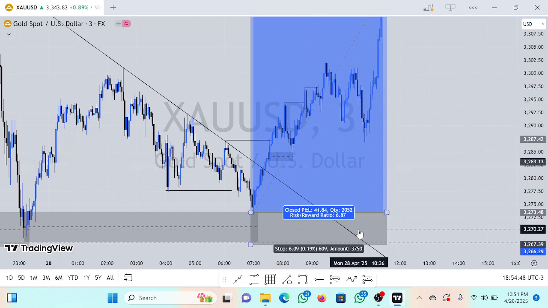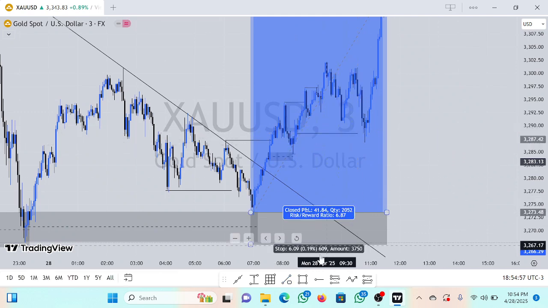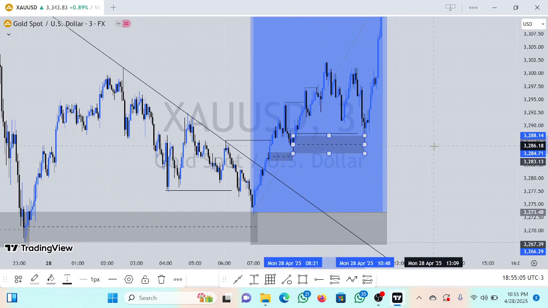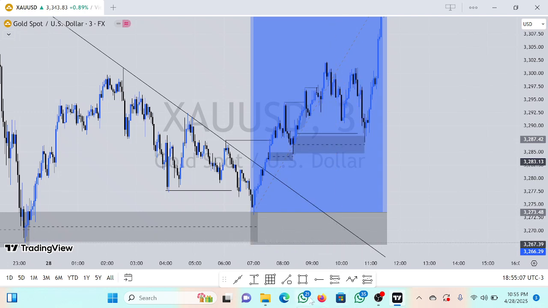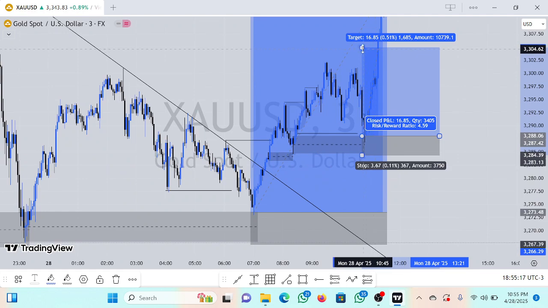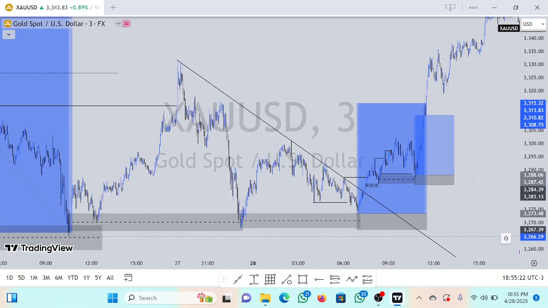I already know that price is on a downtrend, so I want price to come and sweep this inducement, take out this liquidity, then use this block responsible for the break of structure, then buy from here. So we caught another buy here. Our TP is that we are aiming for this high.